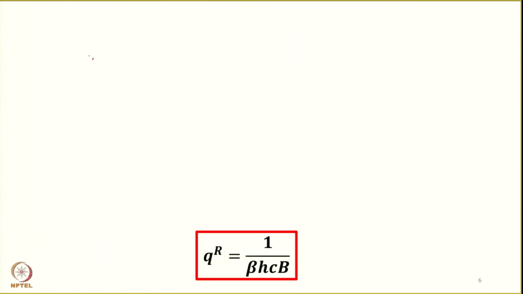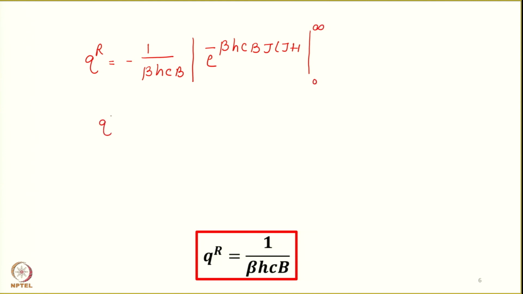So, q_R we get minus 1 over beta hcB and then exponential minus beta hcB J into (J plus 1) from 0 to infinity.